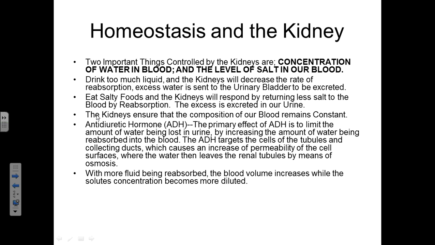Again, this is a really important statement right here. The kidneys ensure that the composition of our blood remains constant. Homeostasis of your blood. That's the main job of the kidneys. And one of the things that help them do that, this came up the other day, is a hormone called ADH. And we talked about ADH in here several times before. What gland in your body makes it?